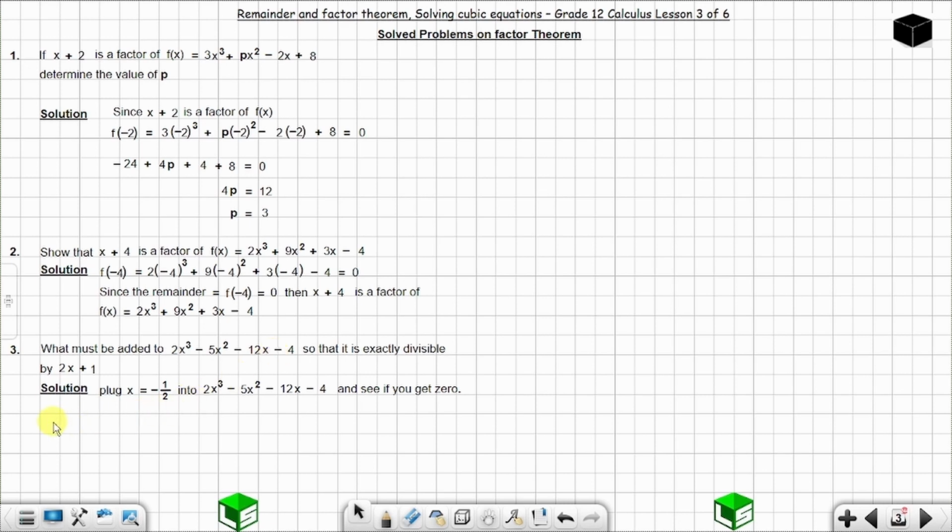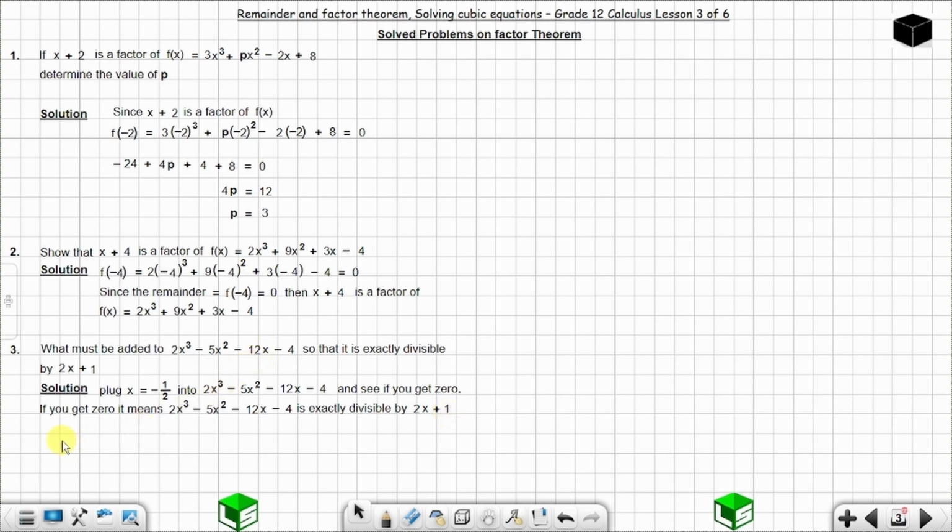If you get 0, it means 2x cubed minus 5x squared minus 12x minus 4 is exactly divisible by 2x plus 1. So you are not going to get 0; you are going to get a certain number. From that number, you will know which number you need to add so that you have 0.